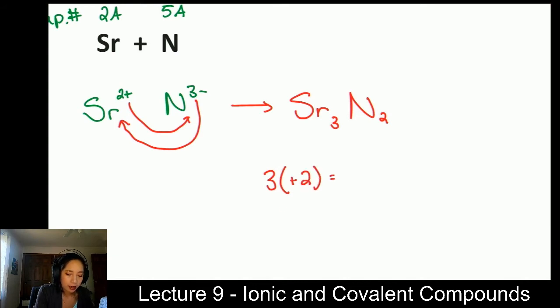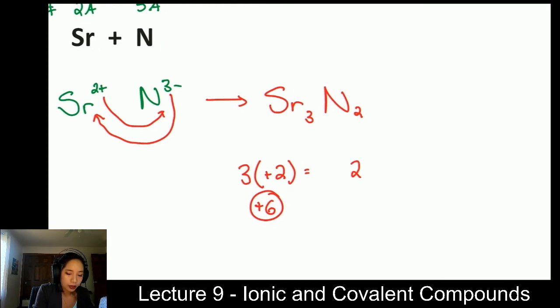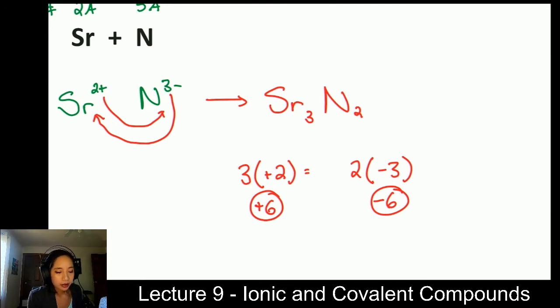So from the cations, there's an overall +6 charge. While for nitrogen, there are 2 of them, and each nitrogen has a -3 charge. And so the overall charge on the anions is -6. So you see those two, the cations and anions, cancel one another out with the indicated subscripts that we have here.